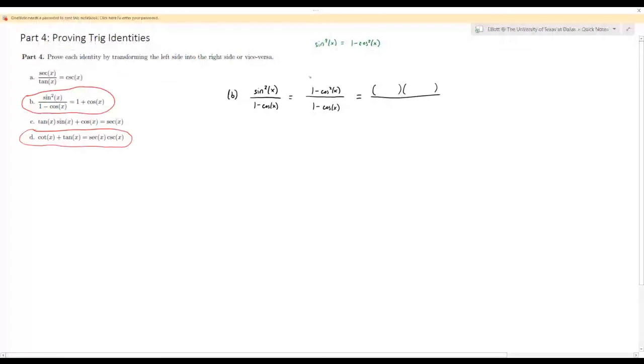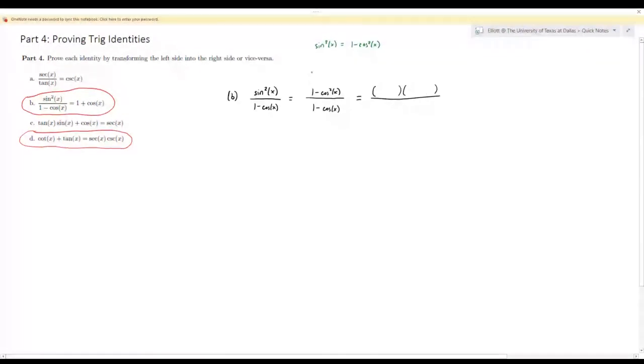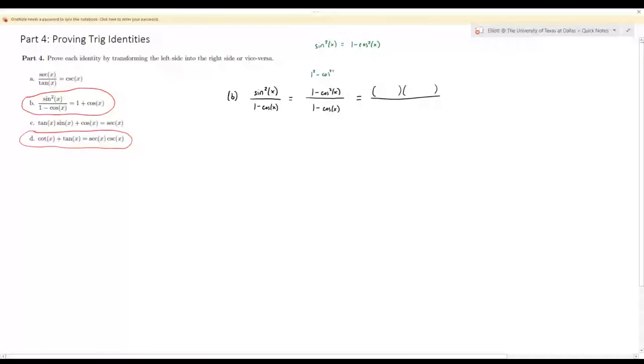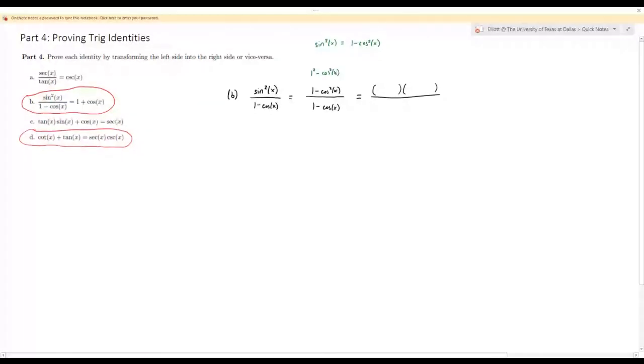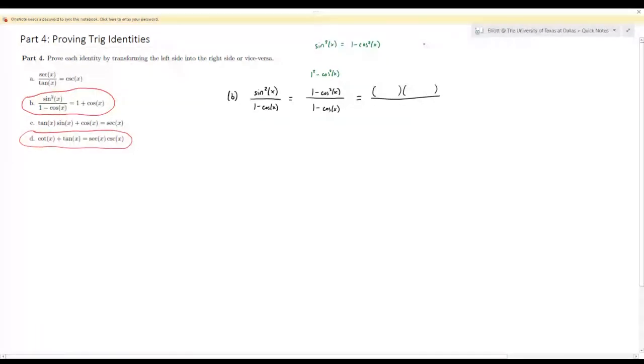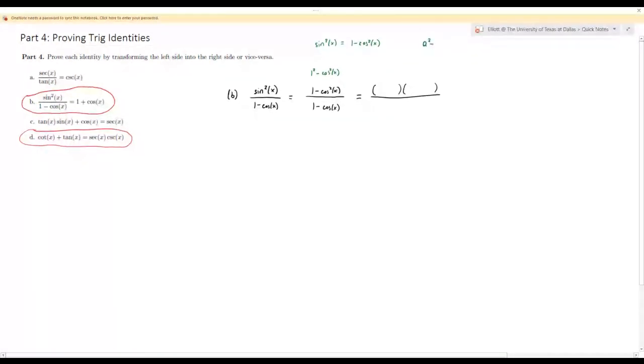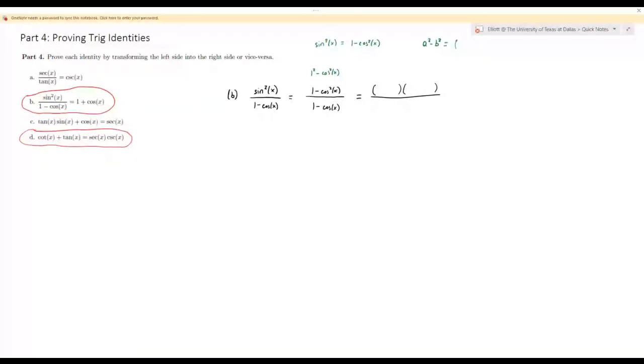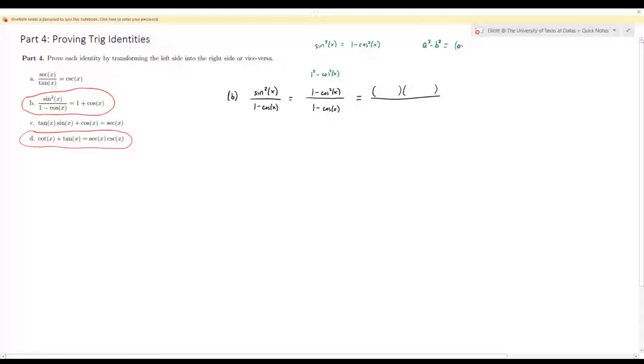You can think of it as 1 squared minus cosine squared. Whenever we have a difference of squares like this, you can always factor it. Whenever you have a squared minus b squared, you can factor it as a plus b times a minus b.